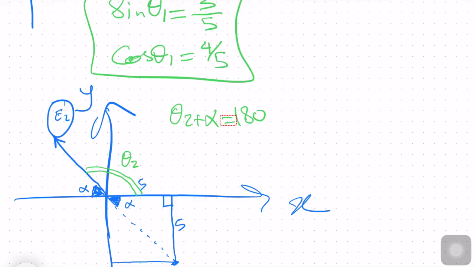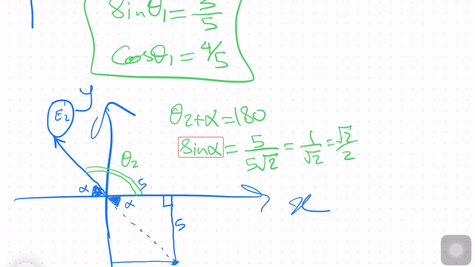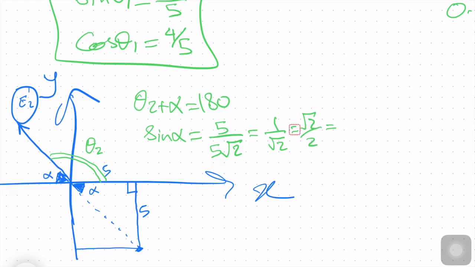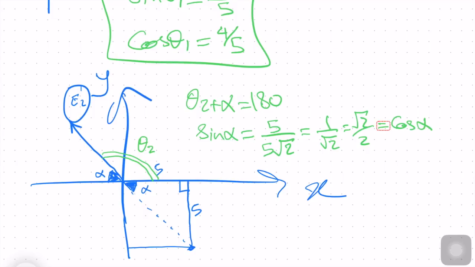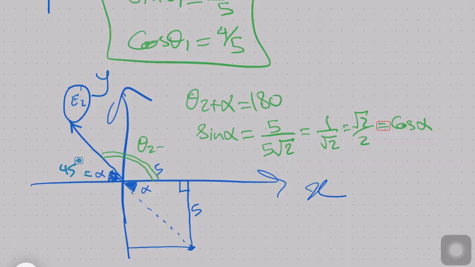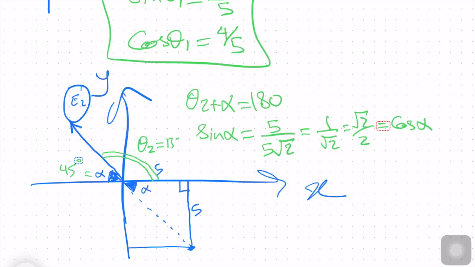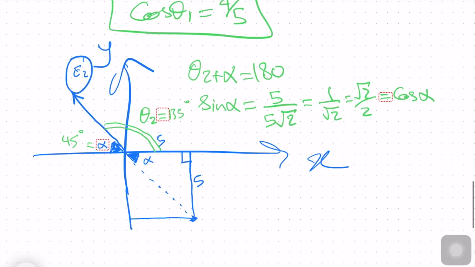Now alpha is part of this triangle. What alpha is really 45 degrees, right? Because sine of alpha is 5 divided by 5 root 2, which is 1 over root 2, or root 2 over 2. And it is also the same as cosine alpha. It's a 45 degree angle that has the same sine and cosine. So this is really 45 degrees, and it means that theta 2 must be 135 degrees.